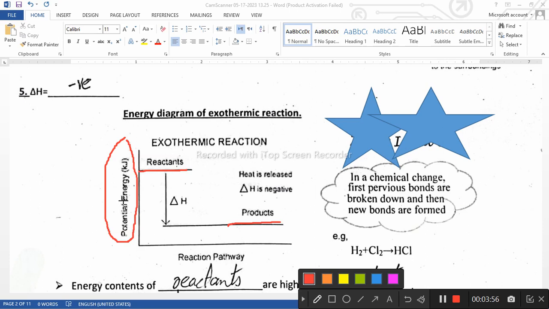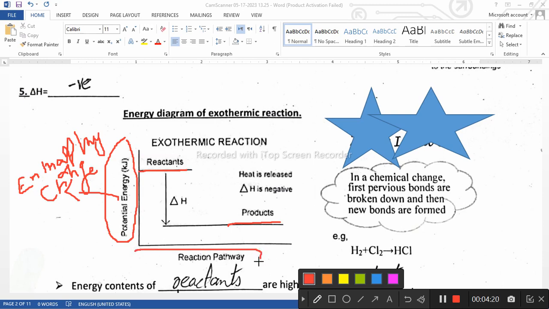You can also say it enthalpy change. And at the x-axis we have always reaction pathway. Okay, and you can also write it over here, reaction progress.